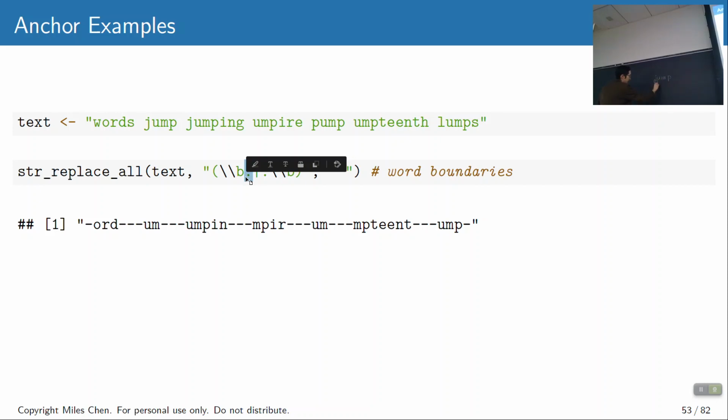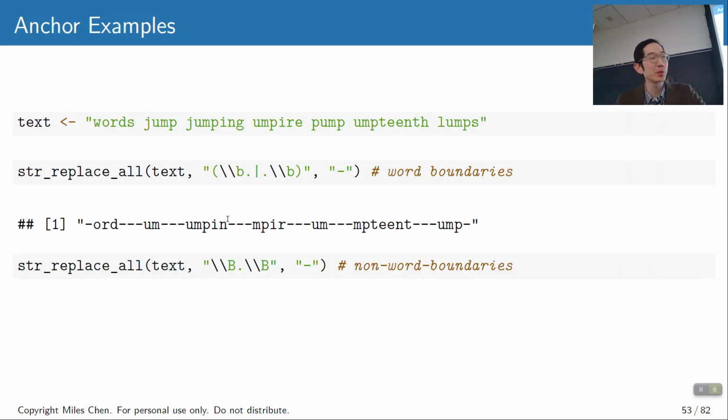Between the J and the U there is a non-word boundary. Between the U and the M, there's a non-word boundary. Between the M and the P, there is a non-word boundary. And then after the P, there is a word boundary. So there are things that don't occupy any physical space, but they exist. They're like invisible lines, just borders between letters.